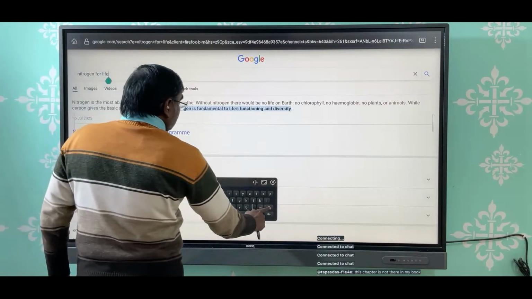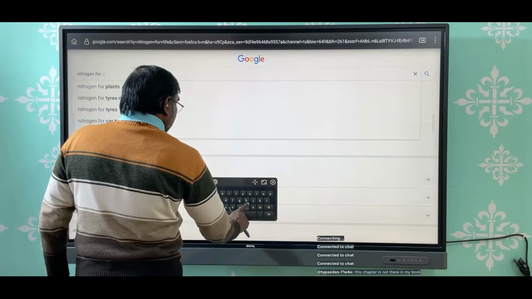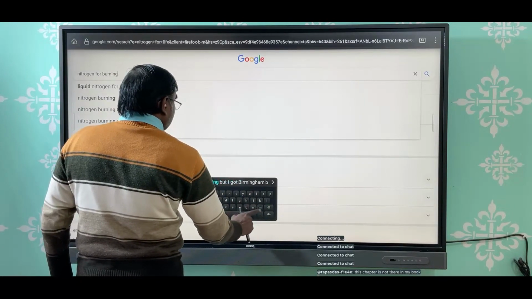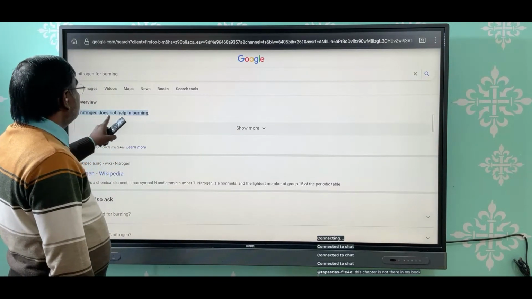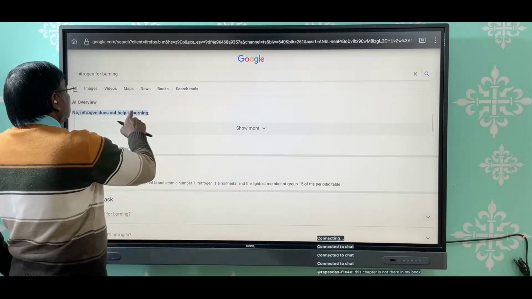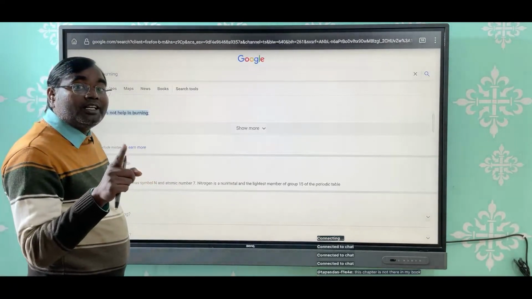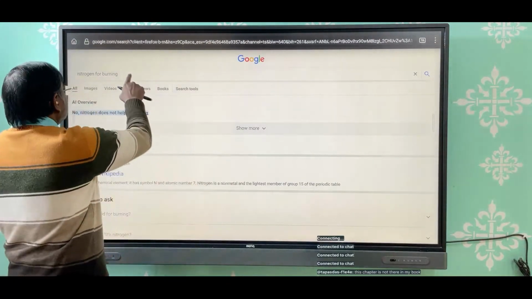Now, nitrogen for burning. Nitrogen does not help in burning, so that means it is helpful for extinguishing the fire, right?